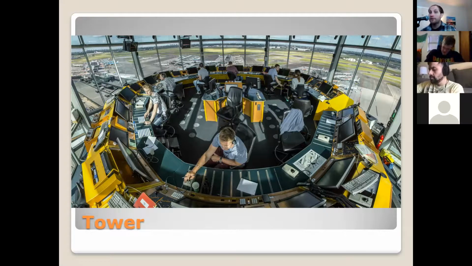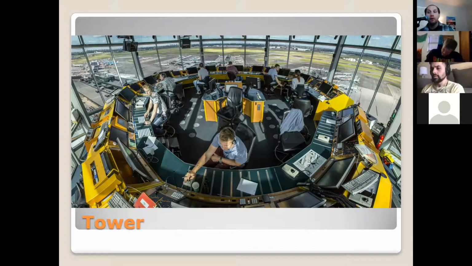Very common entry at a non-towered airport. But at a towered airport, that is not common. So if you were in a position to do a midfield cross at a towered airport, the air traffic control tower controller would probably instead tell you to make right traffic.